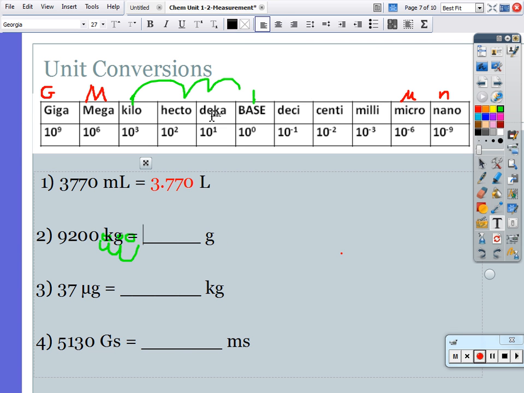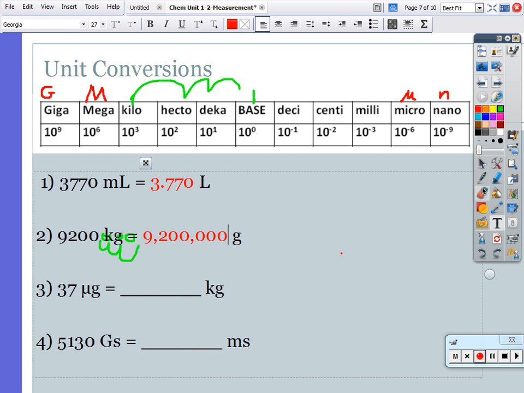Because now my answer is going to be 9,200,000 grams. So what I did is I kept the 9200 and I added 3 zeros behind it.